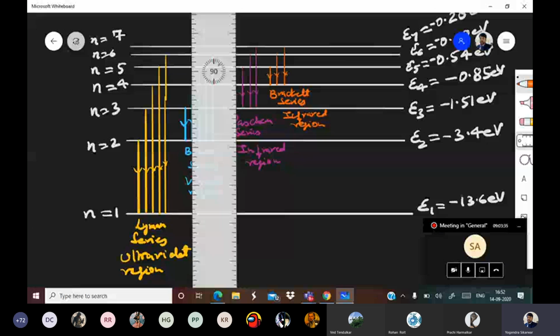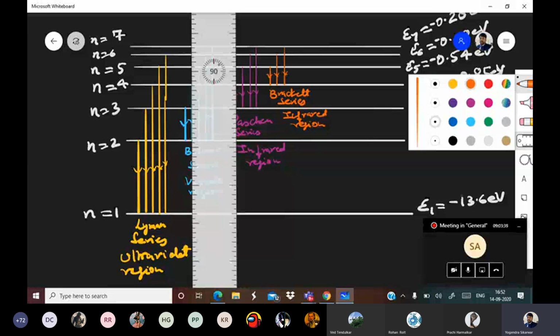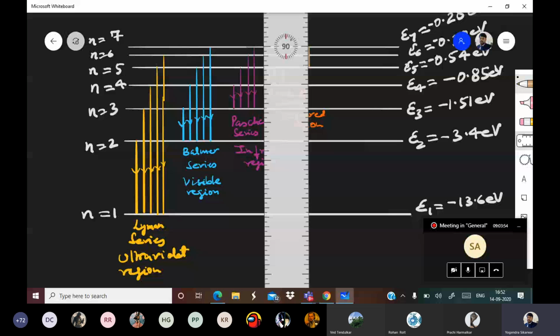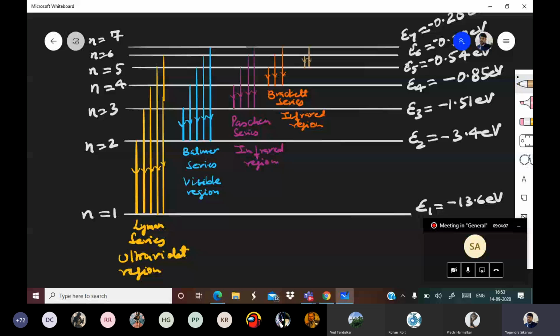And when an electron transits from here to here or from here to here, then this series is called the Pfund series. Again, this is in the far infrared region.